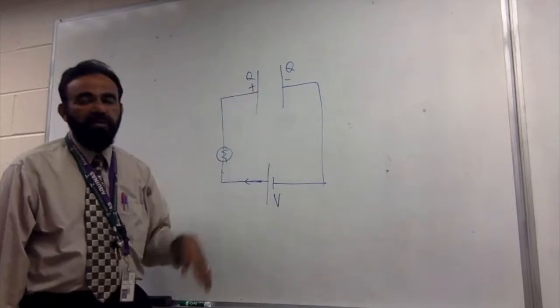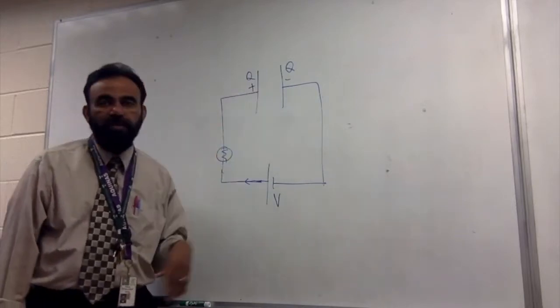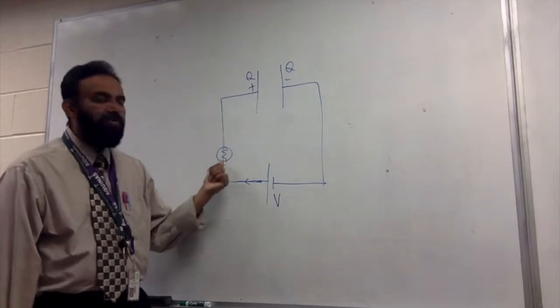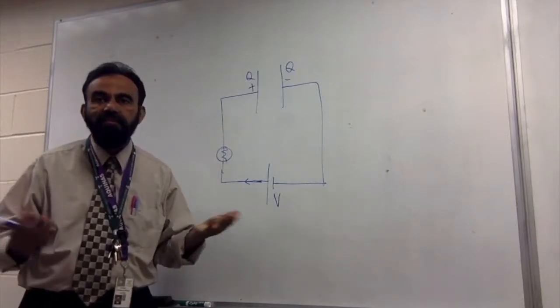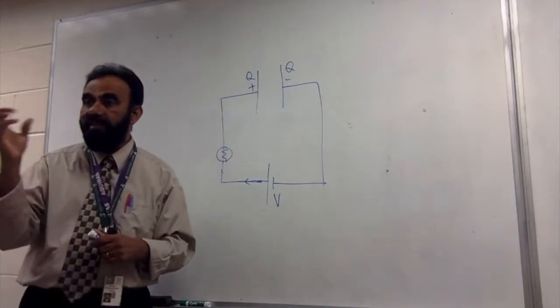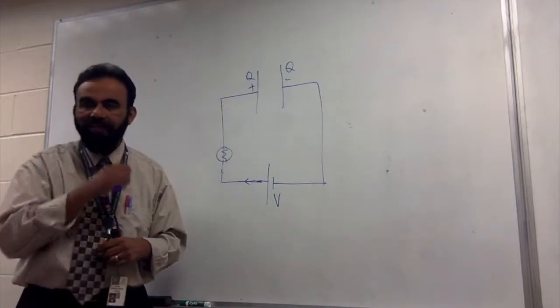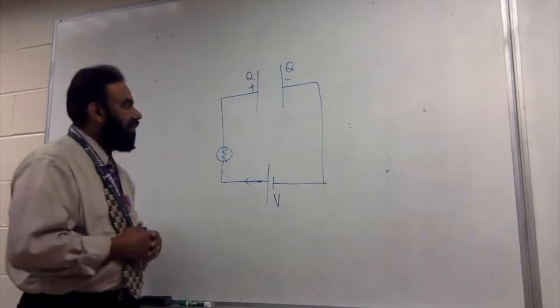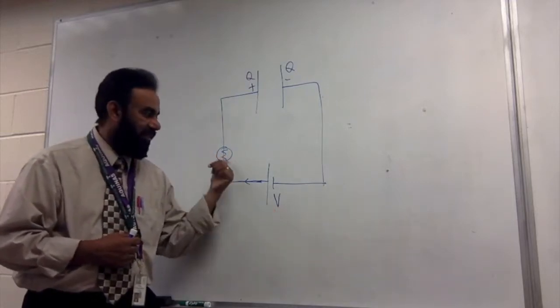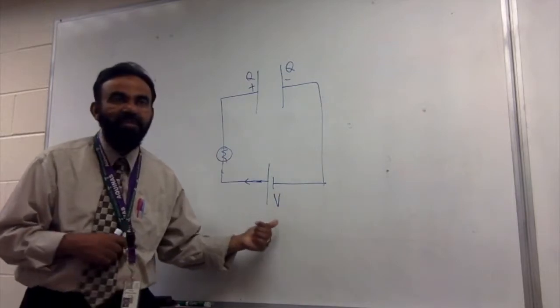How can you check if the capacitor is bad or not? If it is a shorted capacitor, like the ones which I showed, the light bulb will stay lit because that's shorted. Do you get it? Well, you have to put a light bulb that can accommodate that potential difference.